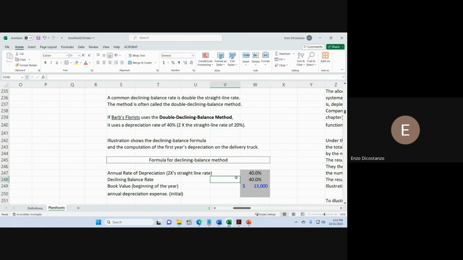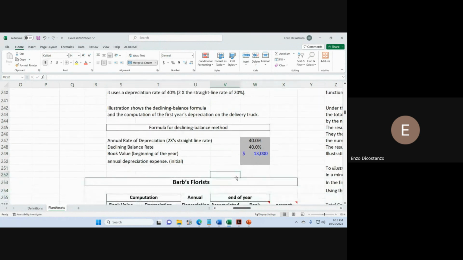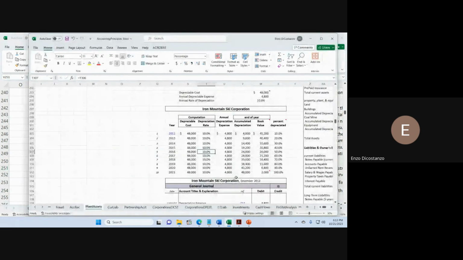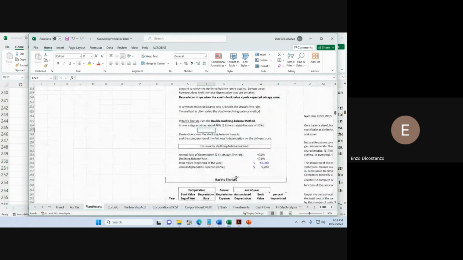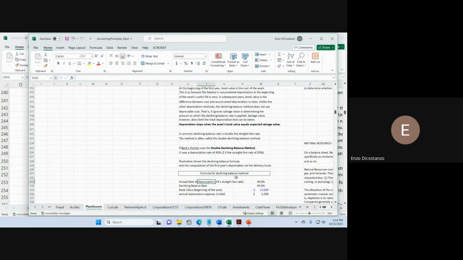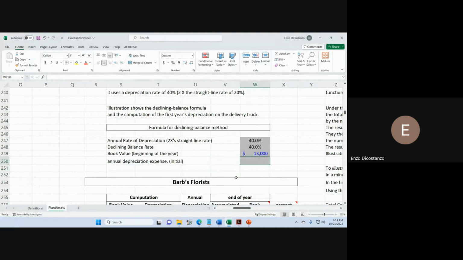So this 247 equals product, 40% times 13,000.